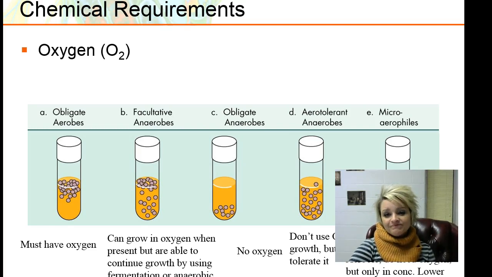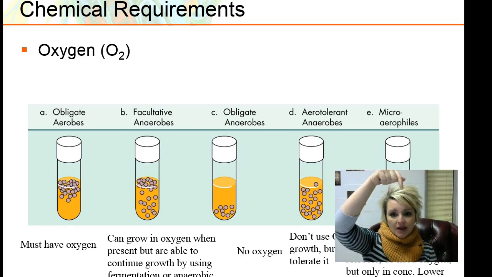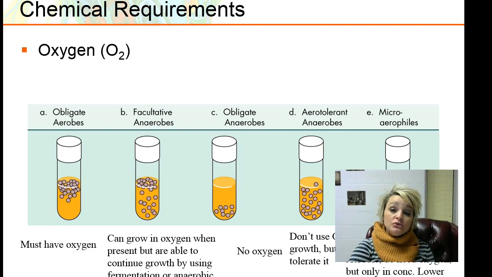Next up is B. Now, one of the things that you see in B is up at the top of that test tube, you do see a ring of growth. And then you see a dispersement of microbes growing sort of throughout that test tube. Well, when you look at this test tube, the first thing that I see is in fact that ring around the top. And that tells me that those microbes used the oxygen present.